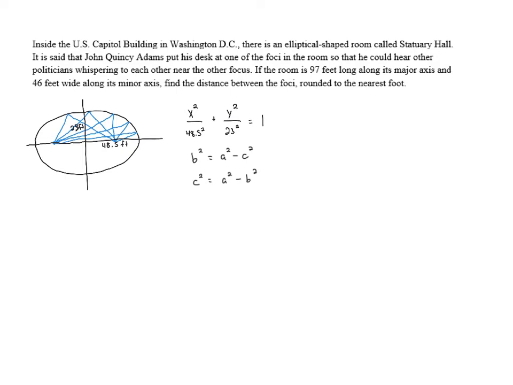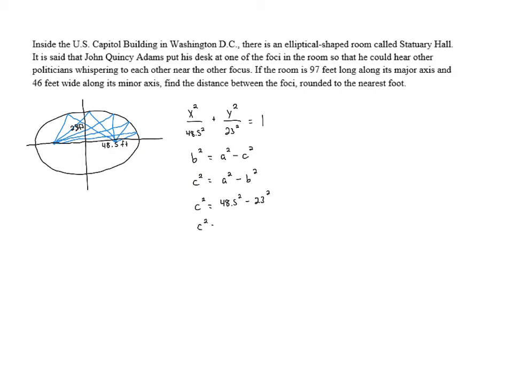These are equivalent ways to write the same relationship, but we're looking for c in this case, so this is a slightly better way to do it. So we've got c squared equals 48.5 squared minus 23 squared.